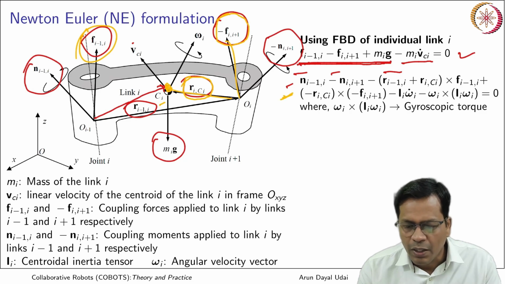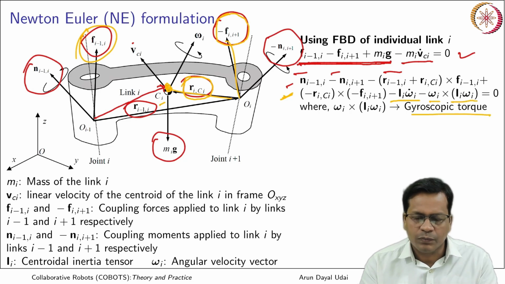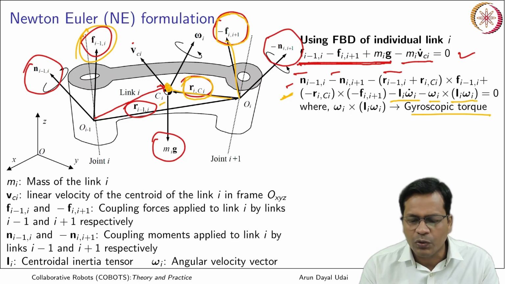And I omega dot, that is the angular acceleration alpha i, is the resultant of all the moments basically. This is what is created, and omega cross I omega is the gyroscopic torque. That is all added together, and the sum of all those should be equal to 0.